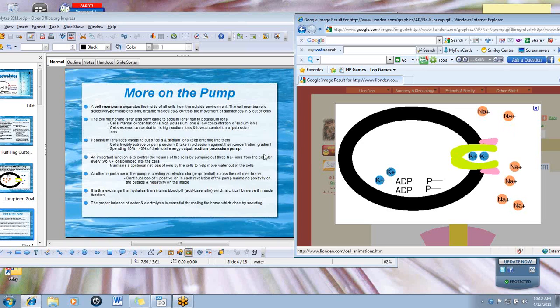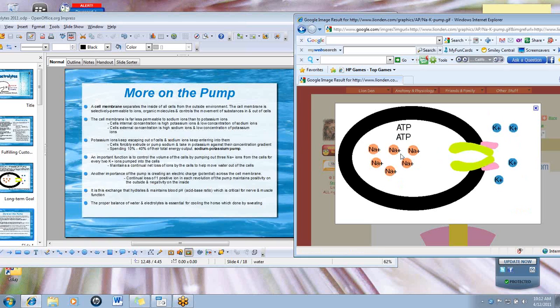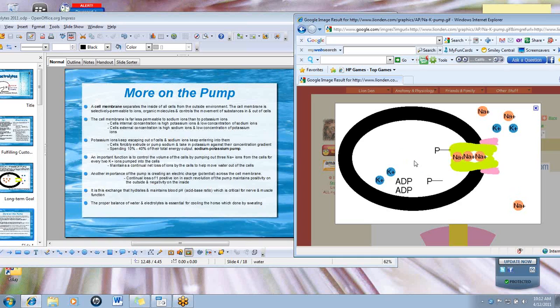Cellular internal concentration will be high on potassium and low on sodium. The outside of the cell will be high concentration of sodium and low concentration of potassium ions. Potassium ions keep escaping out of the cells, and sodium ions keep entering in the cell.